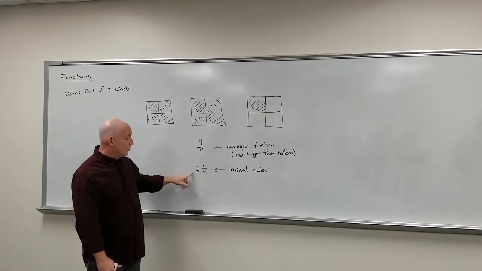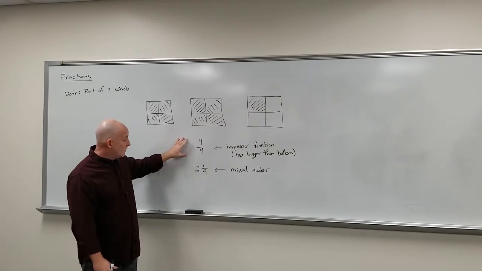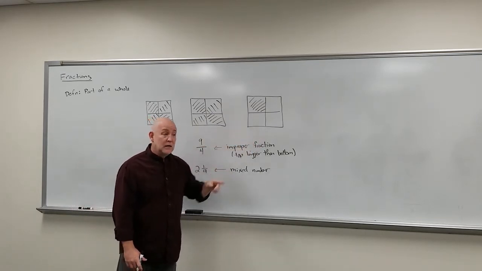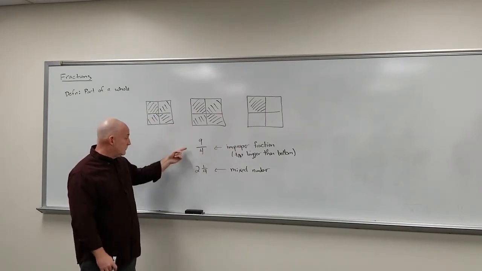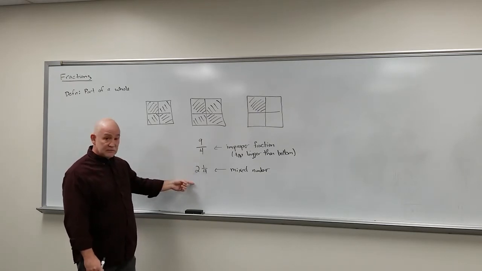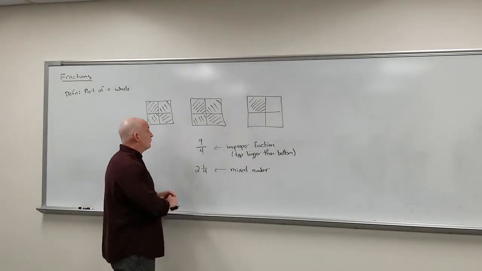The problem is doing arithmetic with mixed numbers is a lot more difficult than doing arithmetic with improper fractions. So since both of these represent the exact same quantity and both have their own uses, we need to be able to go in between both of these. We need to be able to rewrite an improper fraction as a mixed number and a mixed number as an improper fraction. So let's take a look at that.